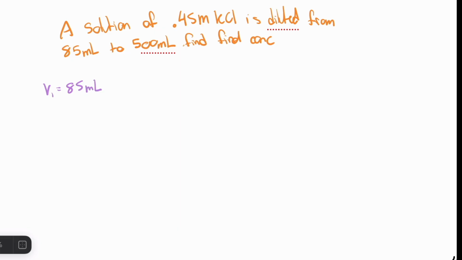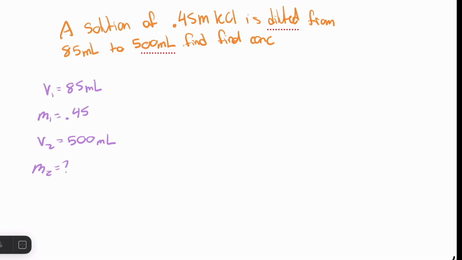And that is the initial solution of 0.45 molar KCl. That's with an initial concentration of 0.45 molar of the KCl. So we know our M1 is 0.45. Our final volume is given as 500 milliliters, and we just need to find the final concentration, or M2.